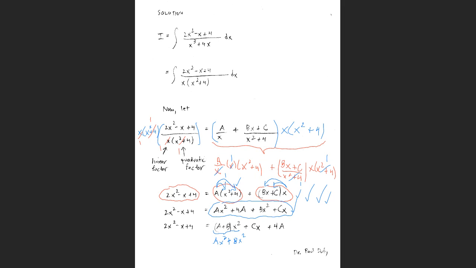All right, and so I write then that is the quantity a plus b times x squared. And then I have cx plus 4a. Please let me know if you have any questions.